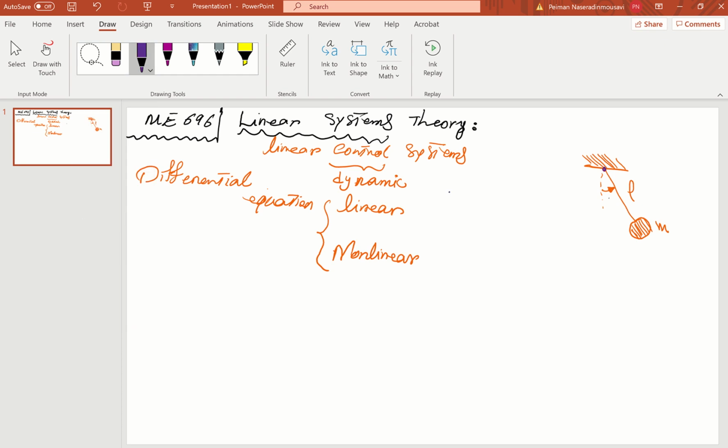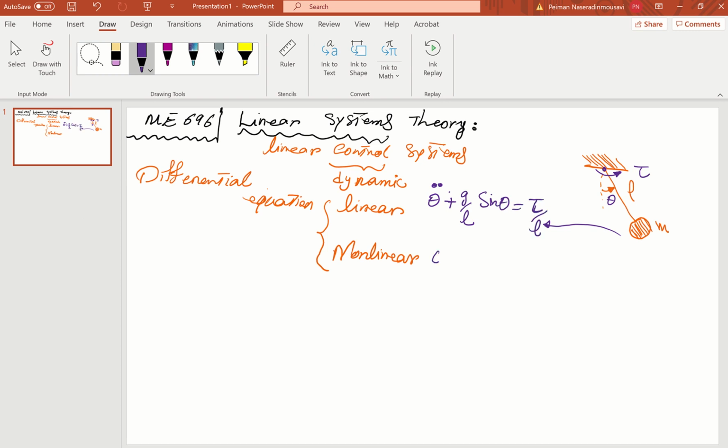So if the angle is theta, and if I apply a control torque here, tau, you have two types of equation from this. One of them is written as theta double dot, angular acceleration, plus gravity over length of the pendulum, sine of theta, is equal to tau over L.